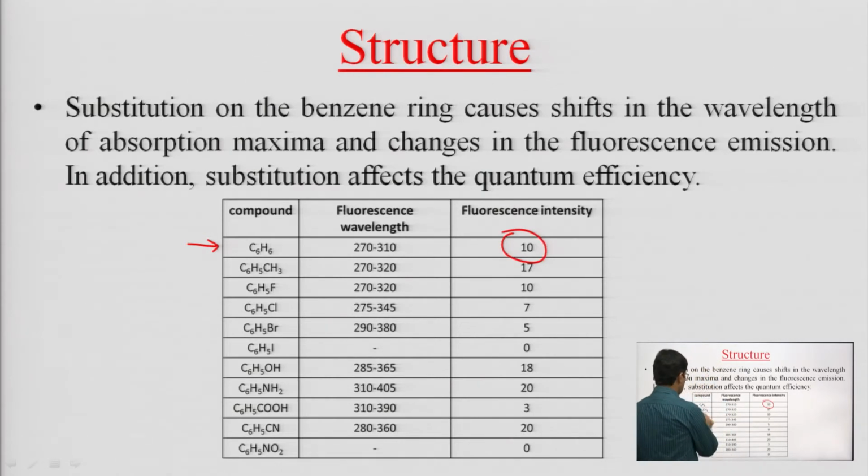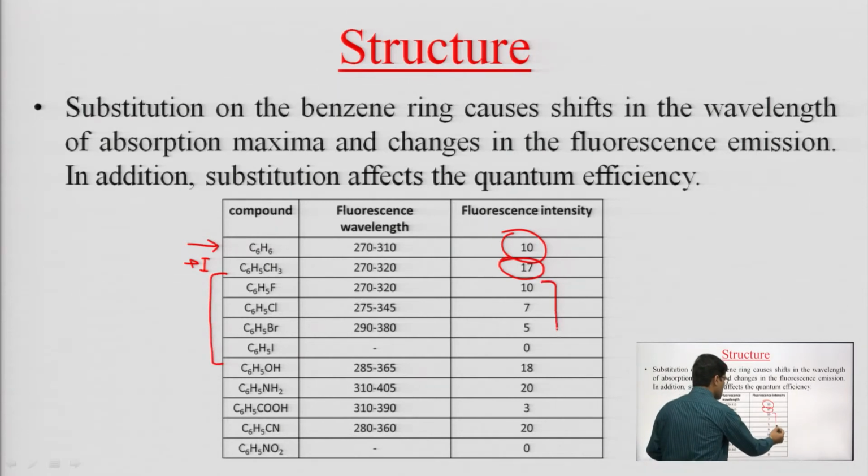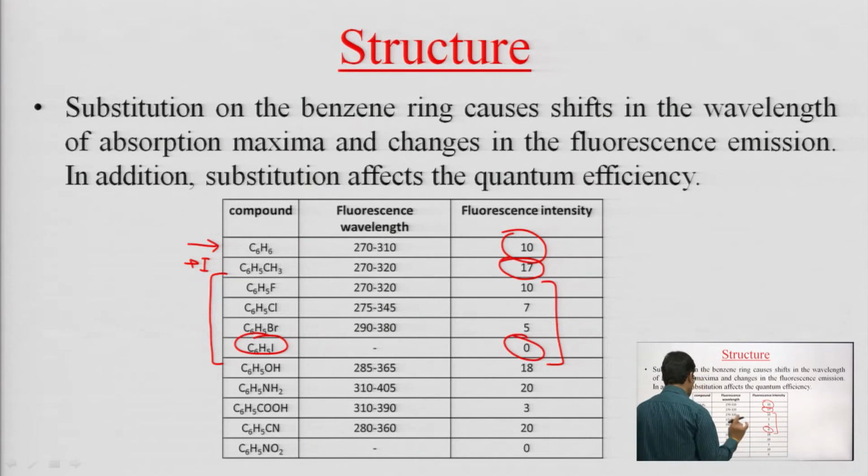When we add a methyl group, which is a plus I type group, that increases the efficiency, but when we add electron withdrawing groups like halogens, the fluorescence intensity decreases. Even in the case of iodine, you can see that fluorescence is totally abolished.